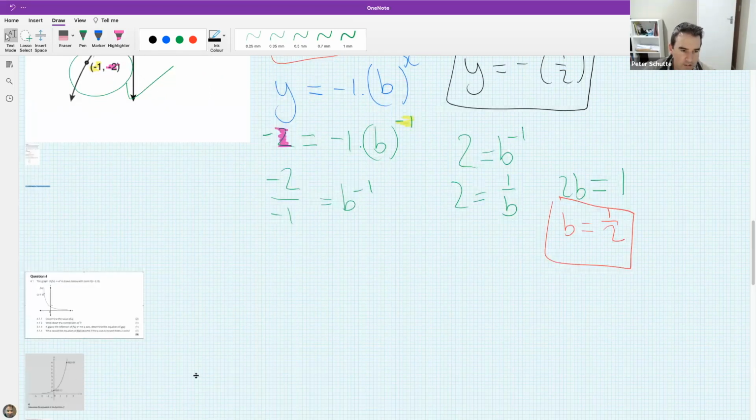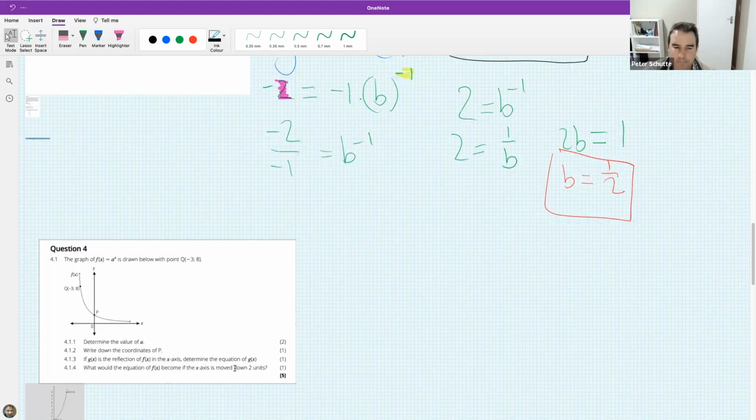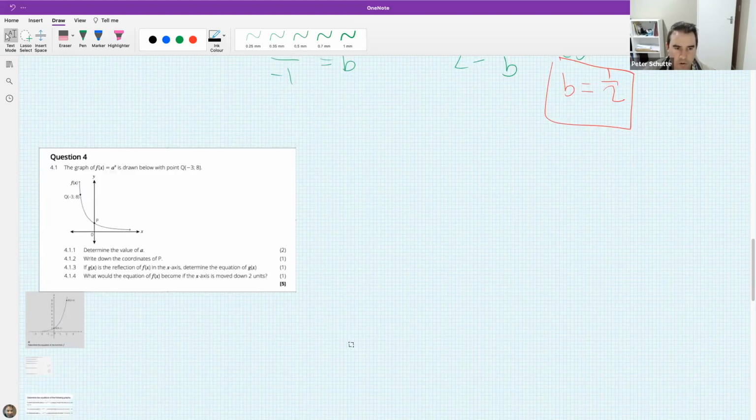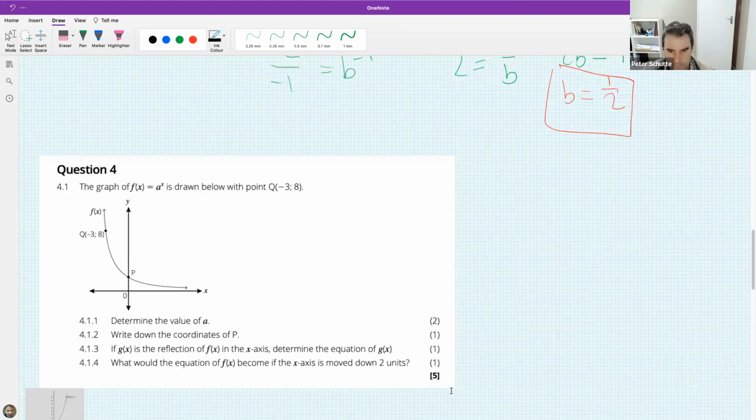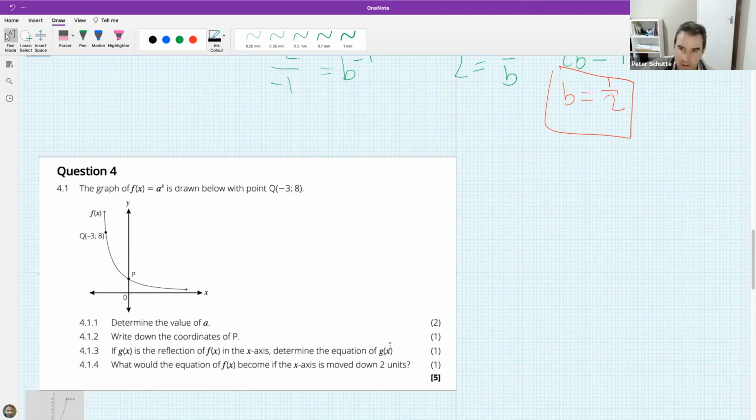Okay, well, let's do this question. So here is a question for 5 marks, and I want you to try and do this kind of by yourself. I will answer questions if people raise their hand or have a question. But see if you can do this 5-mark question over here. So the first question is, here's an exponential function. Find the value of a, which is this thing.